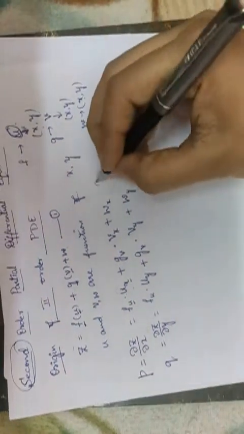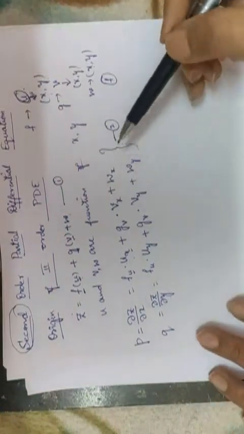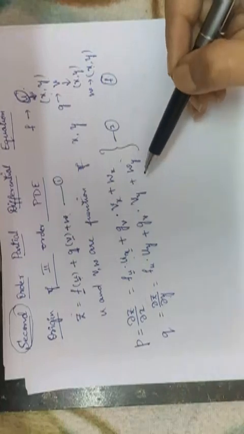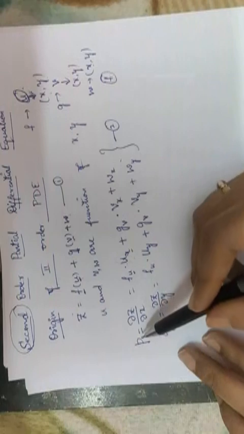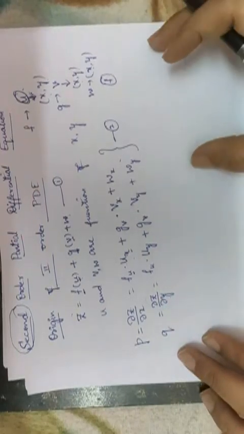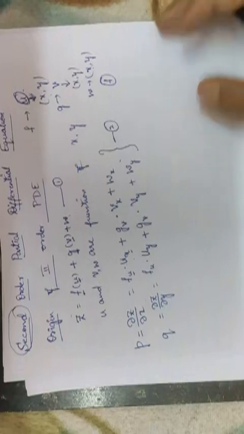Now I will call this set of equations equation number 2. Now again differentiate equation 2 with respect to x. We are differentiating both the equations with respect to x and with respect to y, right?